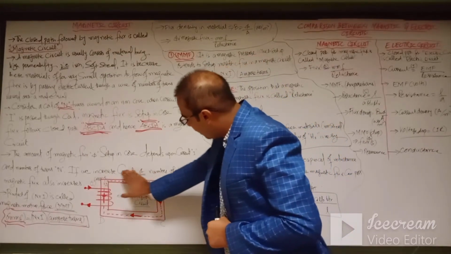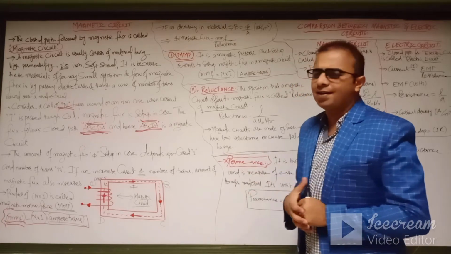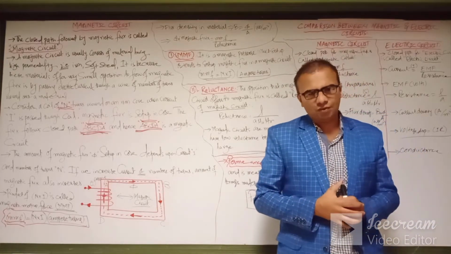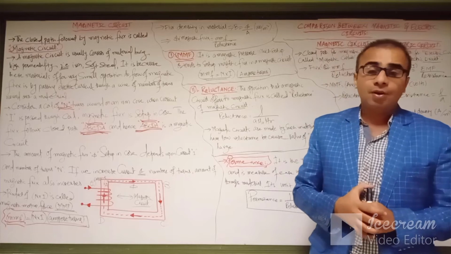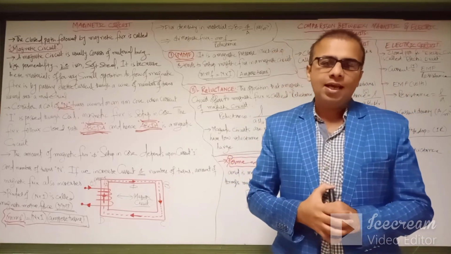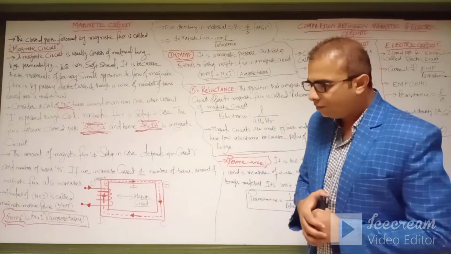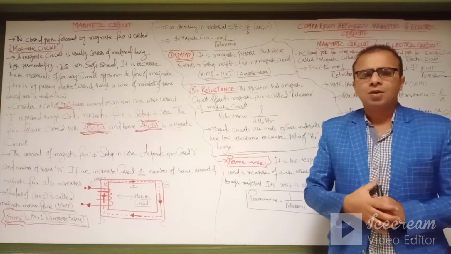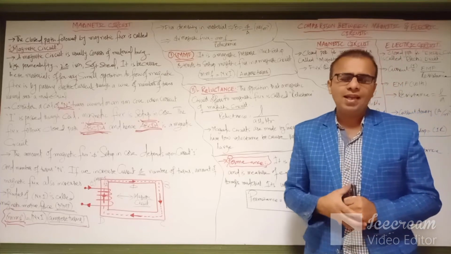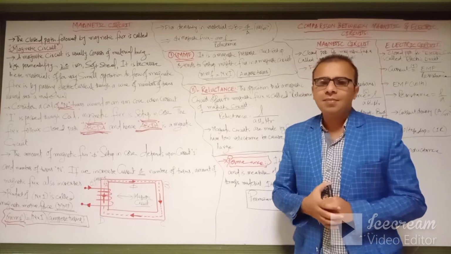For example, if this is the closed path. Now the magnetic circuit is made up of ferromagnetic material, because ferromagnetic material has a low reluctance path and high permeability. Permeability provides the setup of the magnetic flux, and reluctance is low in the magnetic circuit.